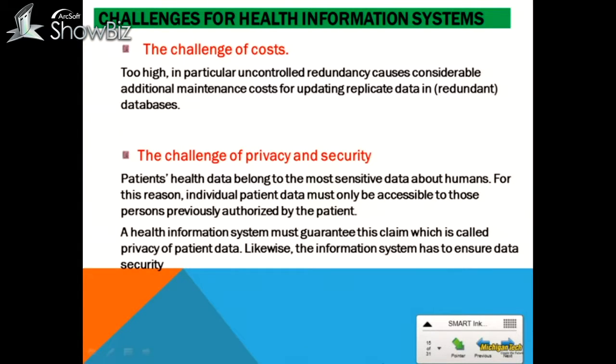For privacy and security, we can develop good algorithms and good systems that can be proof against attacks and so on. For the transmission issue, we said transferring data is not good. We can develop good compression algorithms to make the quality of the image very good. So that depends on computer technology and health information technology.